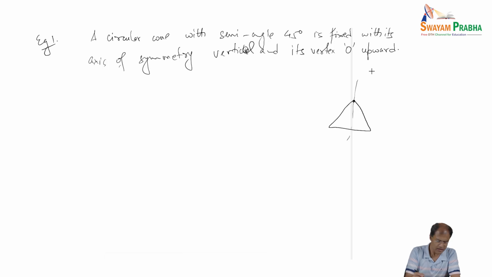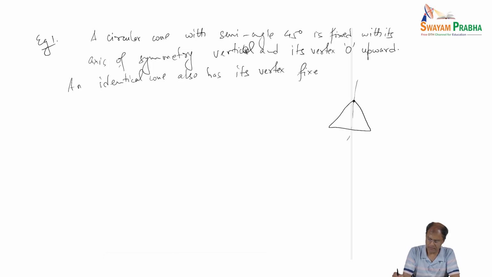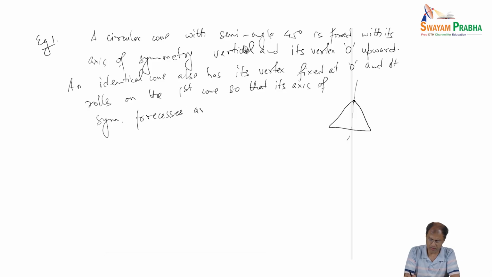Well, let me complete this statement. An identical cone also has its vertex fixed at O, and it rolls on the first cone so that its axis of symmetry precesses around the upward vertical.